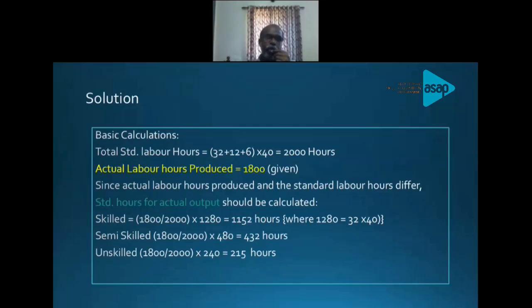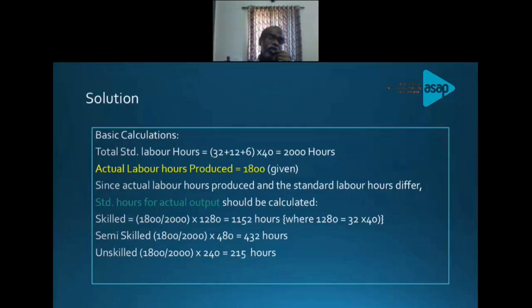The proportion between actual labor hours produced and total standard labor hours is 1,800 to 2,000. So there is a reduction in the standard labor hours. That is 1,800 divided by 2,000 into 1,280.